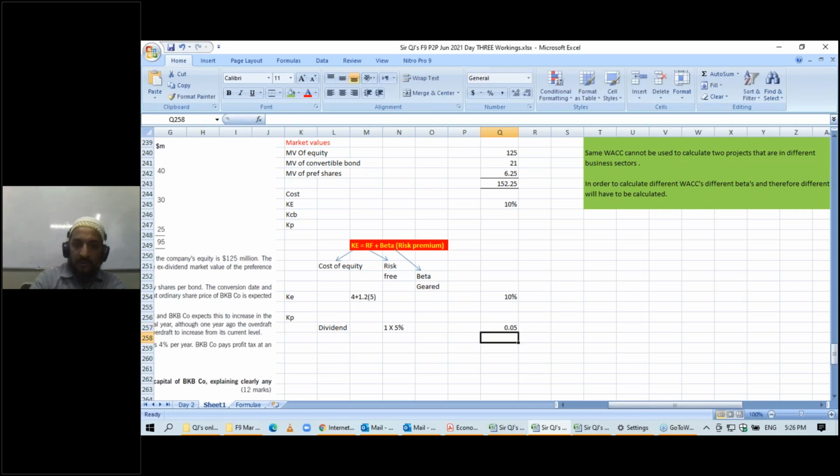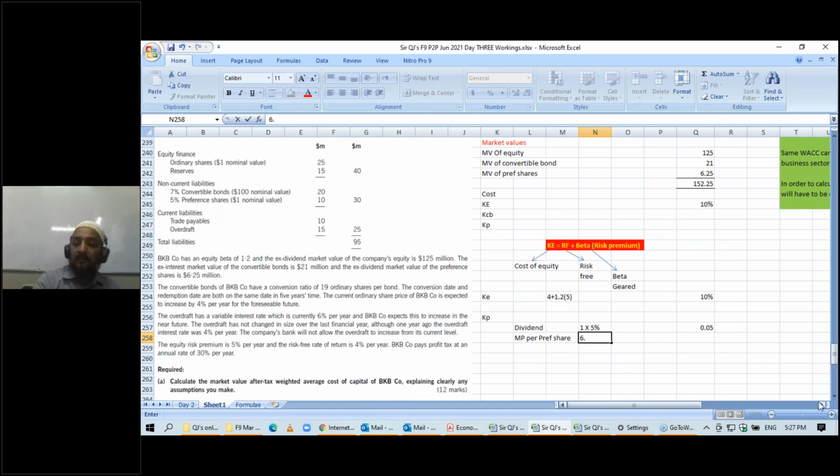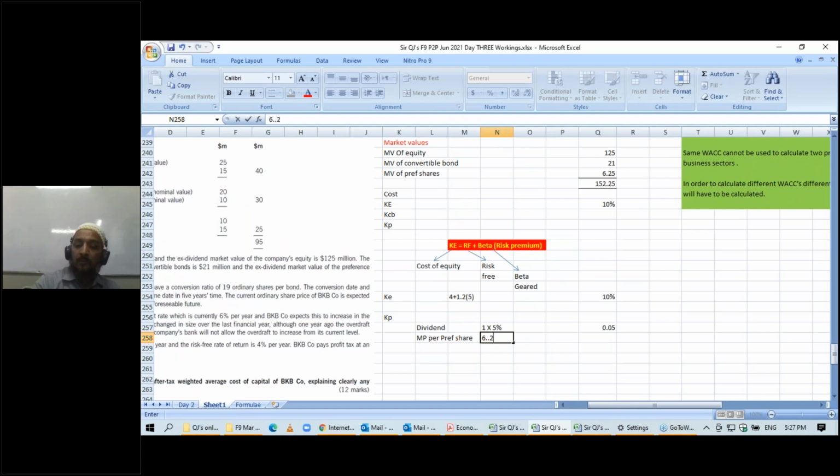And the market price per preference share: there are 10 million preference shares. As per the question, the preference shares are worth 10 million at face value in the balance sheet. So the total market value was 6.25 million divided by the 10 million shares. So 6.25 divided by 10 million gives you the market price.